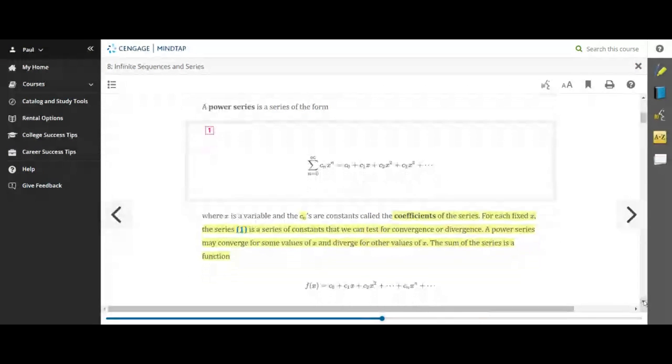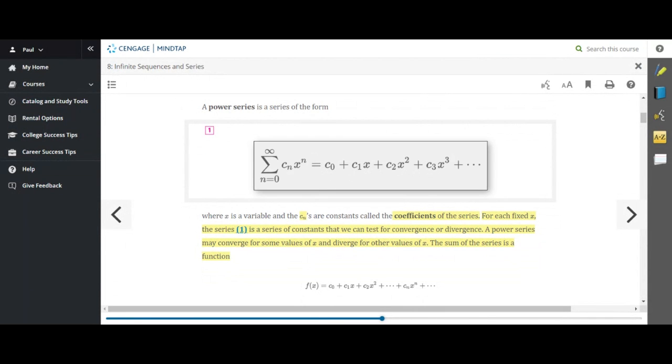So, a power series is a series of this form. You see it all highlighted here. This is called a power series. A power series has a variable x in it, and it's the summation of terms of a series where you have c sub 0 plus c sub 1 times x plus c sub 2 times x squared, and so forth.